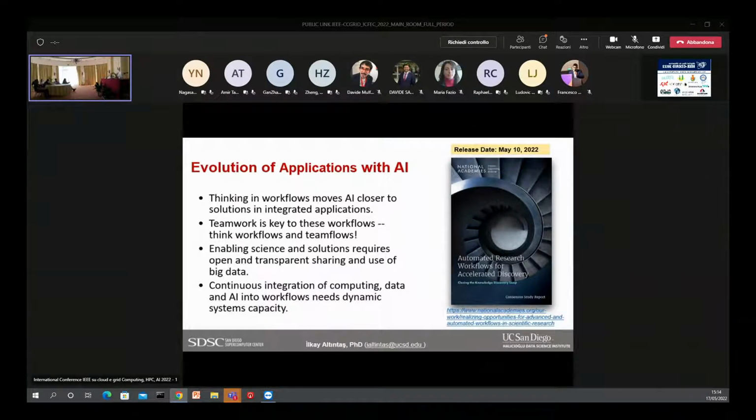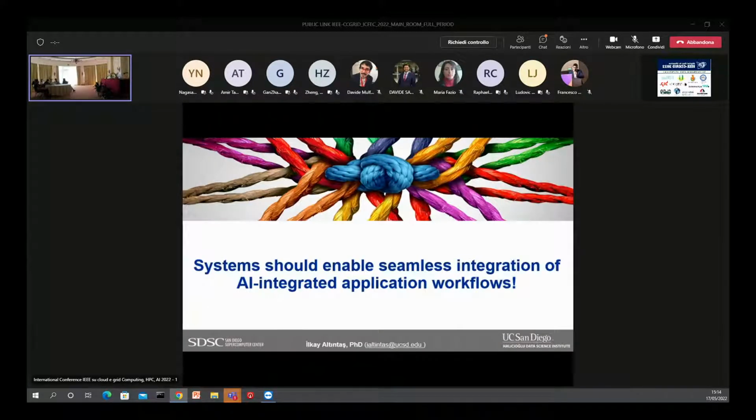We can actually decide on the relationships between different services and how we are going to integrate them together, put some contracts and things like that at the interfaces where these services are coming together. But this all integrates with computing and requires that continuous integration of computing in dynamic workflows or as a dynamic systems capacity. So then something to take away is systems also should enable seamless integration of AI into applications as a part of workflows. And these could be workflows in a formal way, workflows that come together in different solutions as within architectures.